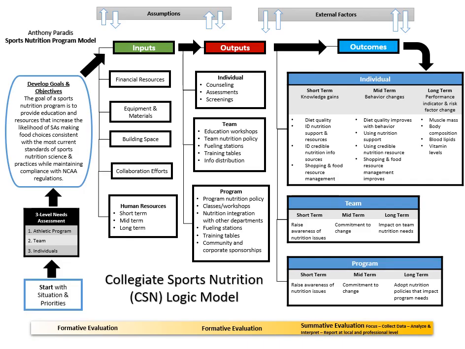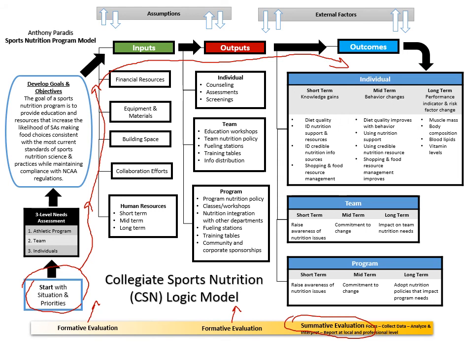So once again, before we summarize, here is the logic model, and you're going to start here with your situation and priorities, and you move through your needs assessment, which helps you develop your goals and objectives, and your inputs and outputs come together to create the outcomes of your program. You're going to have evaluation methods along the way to improve the program, and you're also going to have a summative evaluation to report on what you've done.